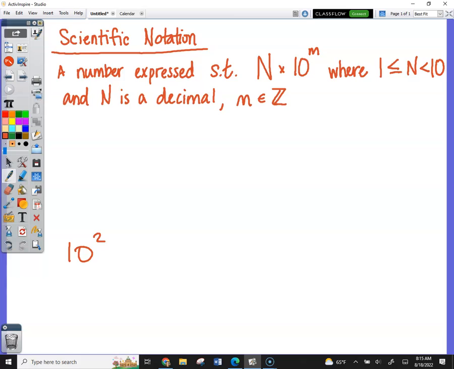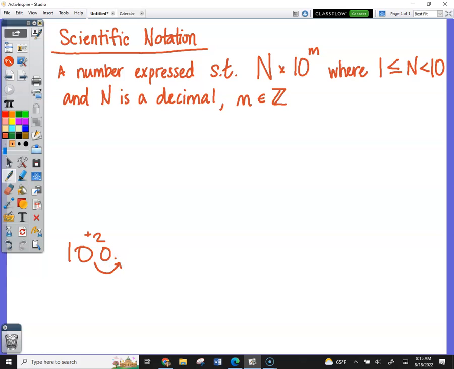It's 10 times 10. And that's a positive exponent. So if you forget the scientific notation rule that I'm about to write, go back to something simple that you know and just say, okay, so 10 squared is a positive exponent. The number got bigger, which means the decimal was here and it went to the right.